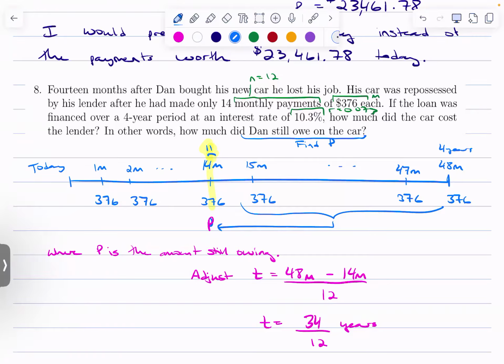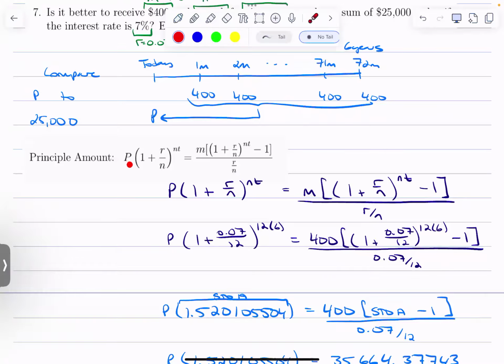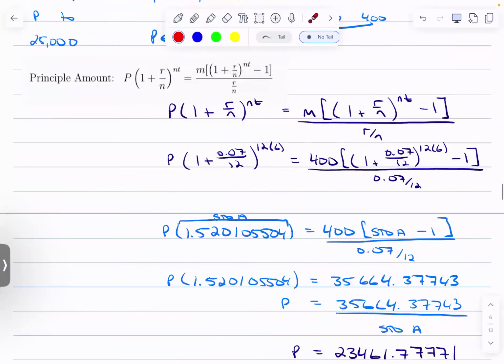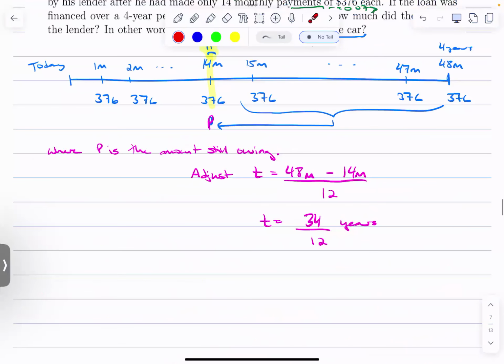If you want to find P, then that's the same formula here, but just make sure that you've adjusted your T. Yeah. The 12, oh, because I'm converting T into years.